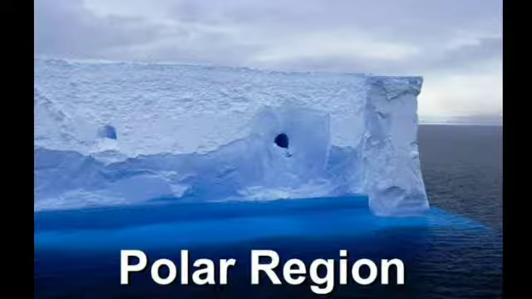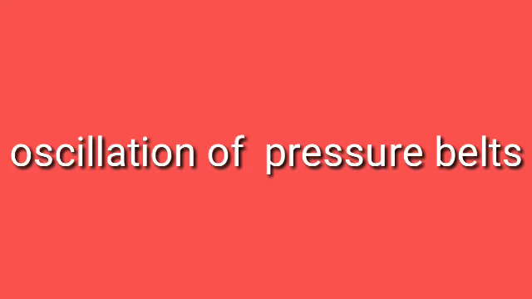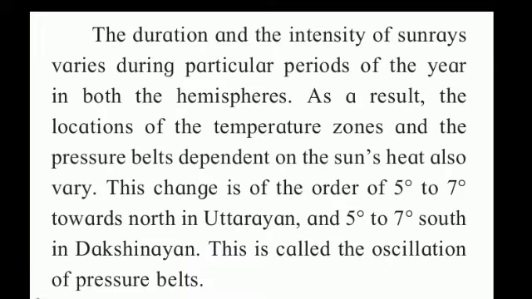Let's see the next one, that is oscillation of pressure belts. Let's see what this is. The duration and the intensity of sun rays vary during particular periods of a year in both the hemispheres. As a result, the location of temperature zones and pressure belts, depending on sun heat, also varies.